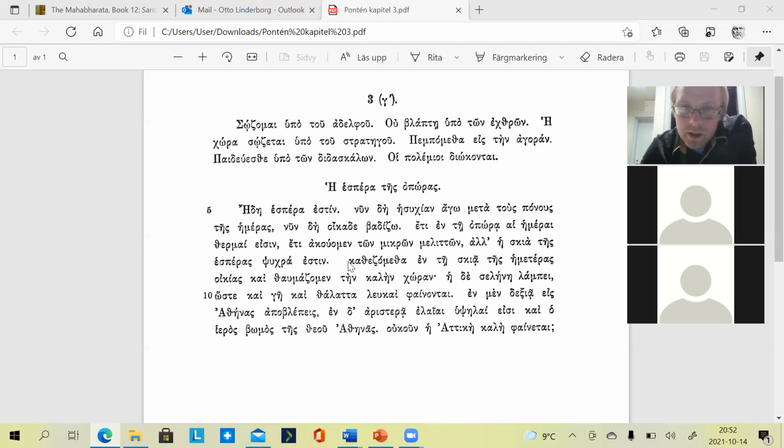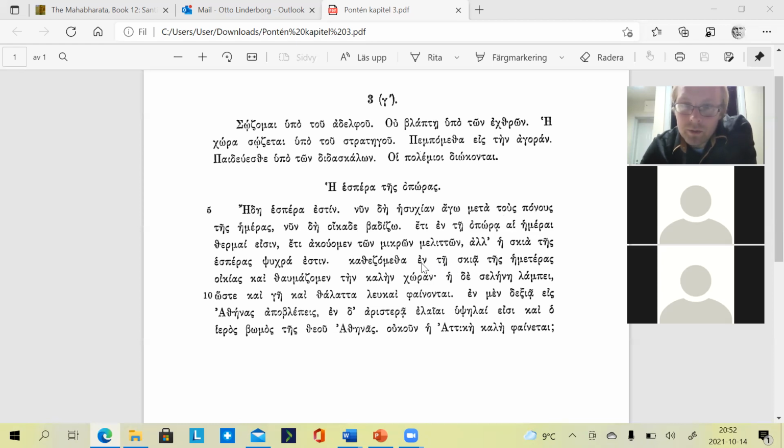So next sentence. Kadetsumeta entes kiates hemeteras oikeaskai taumatsamen ten kaalen horan. What could that be? If we again start with this first clause here. Kadetsumeta entes kiates hemeteras oikeas. What could that mean? So here we have again this skia, shadow, but here is in a different case.